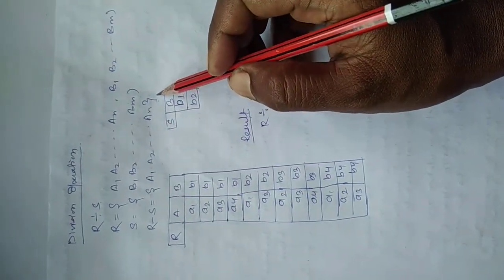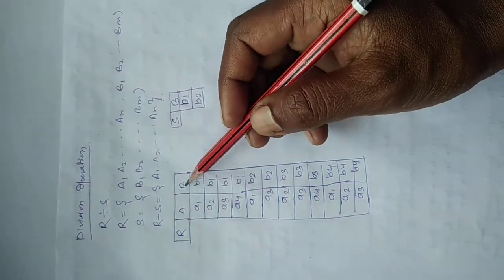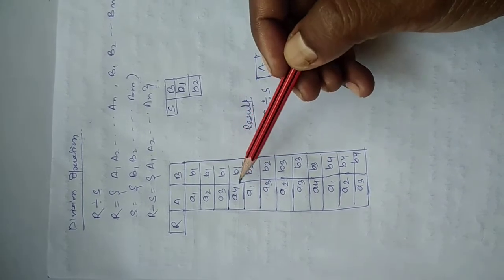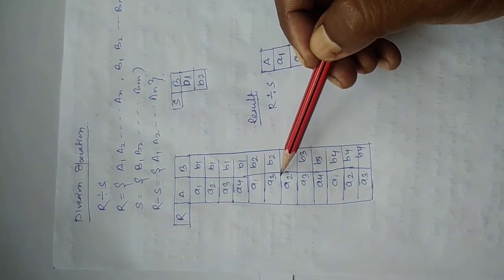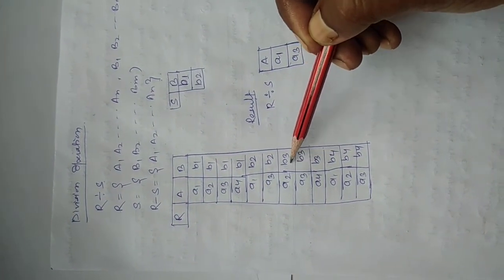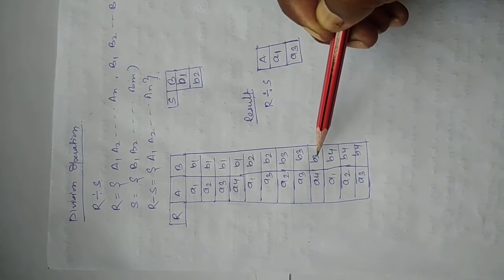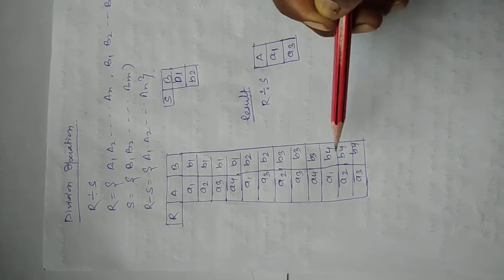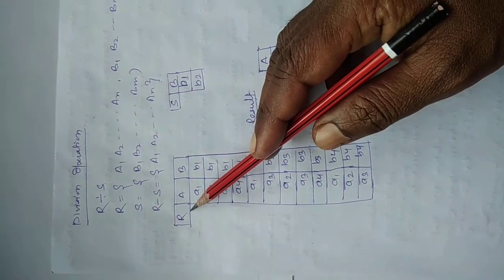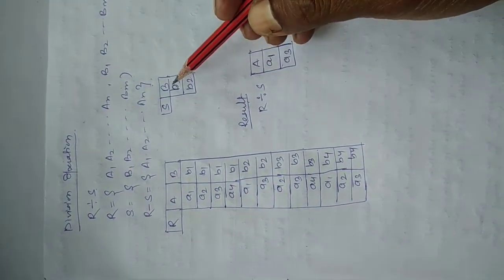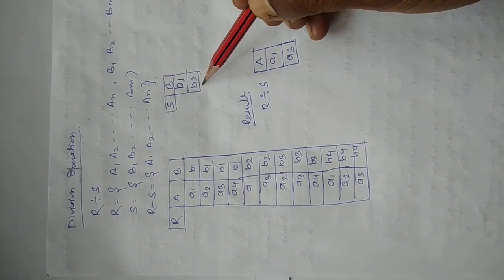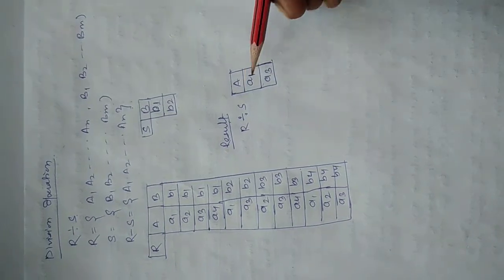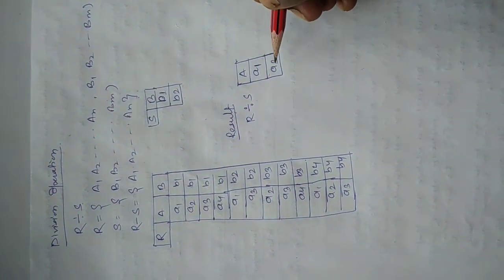Now in this relation you can see the combinations A1 B1, A2 B1, A3 B1, A4 B1, A1 B2, A3 B2, A2 B3, A3 B3, A4 B3, A1 B4, A2 B4 and A3 B4. That is the relation R, and S has two values, B1 and B2. After that you can see the result: R divided by S equals A, with A1 and A3.